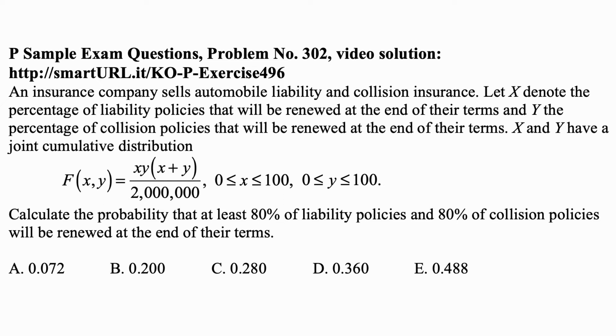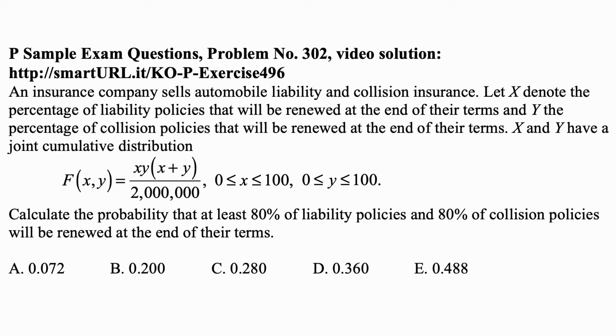Here's the problem for today for exam P on probability. An insurance company sells automobile liability and collision insurance. Let X denote the percentage of liability policies that will be renewed at the end of their terms, and Y be the percentage of collision policies that will be renewed at the end of their terms.